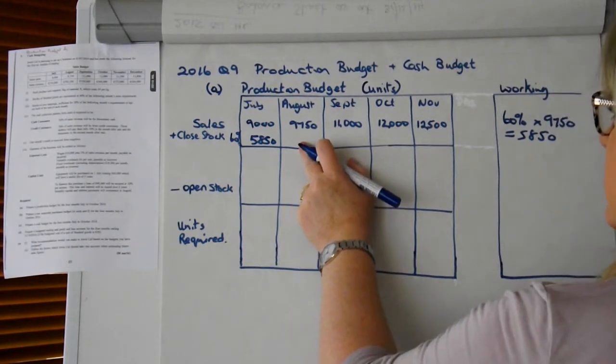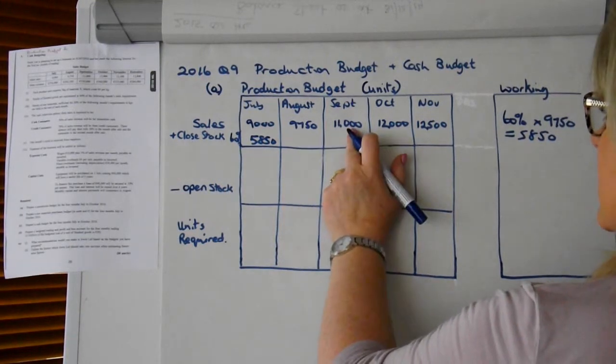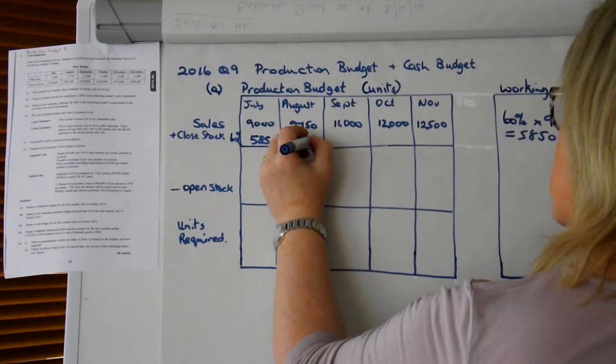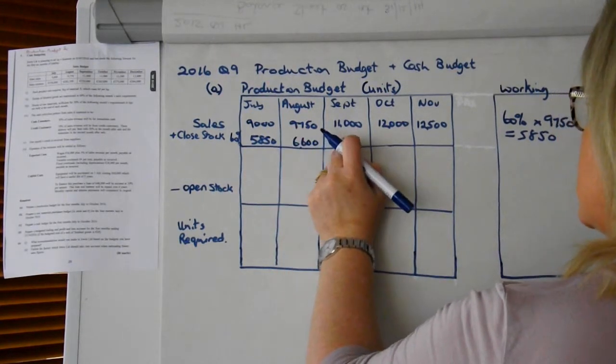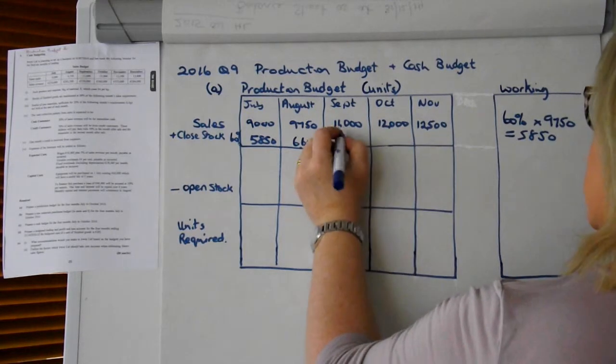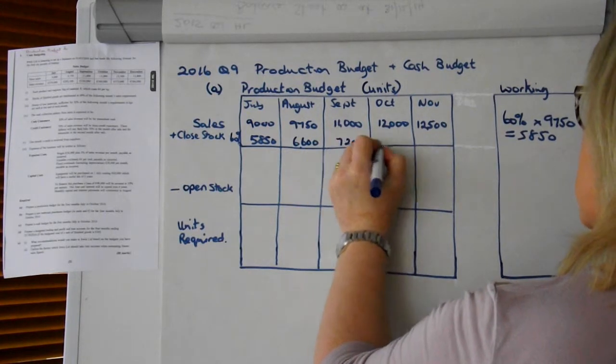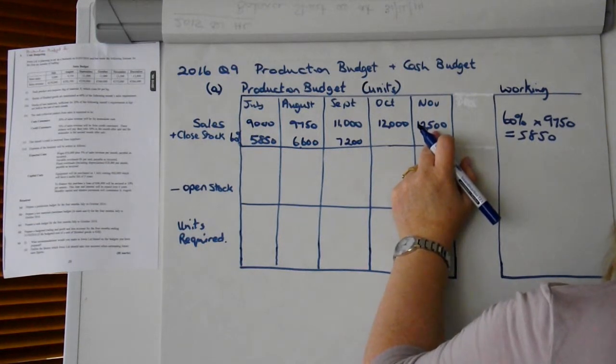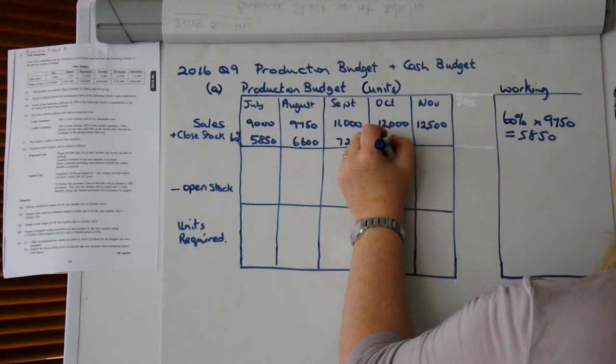And repeat the process. So 60% of 11,000 works out at 6,600. 60% of 12,000 works out at 7,200. 60% of 12,500 works out at 7,500.